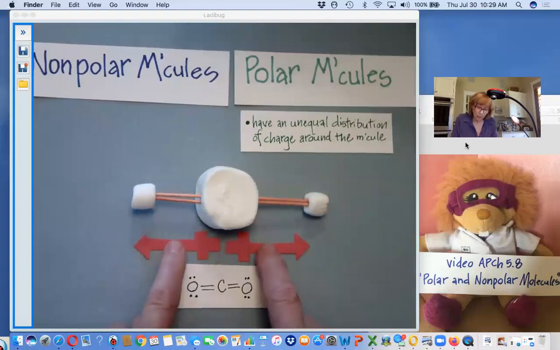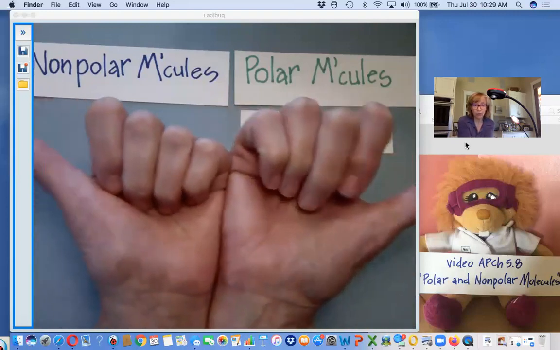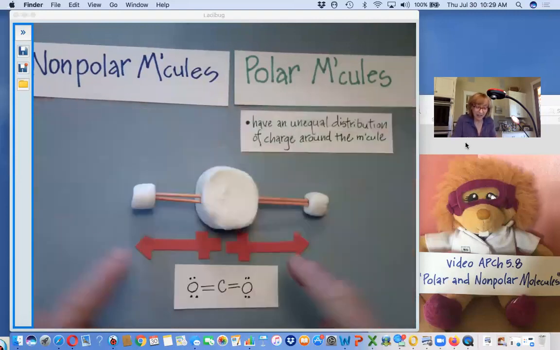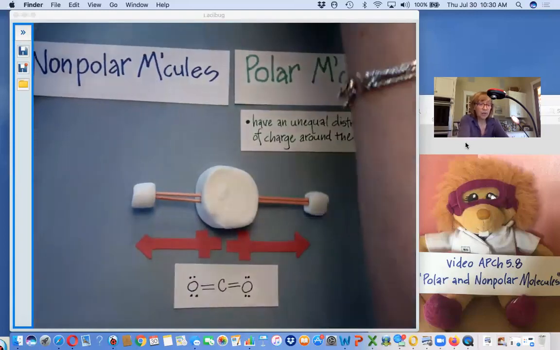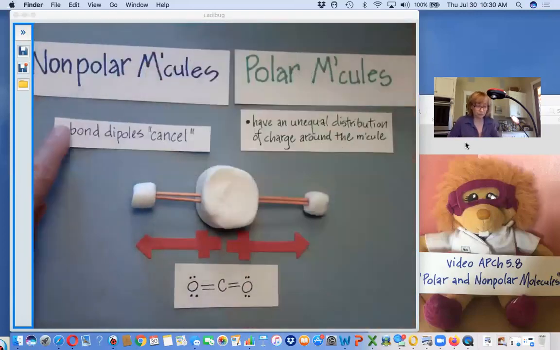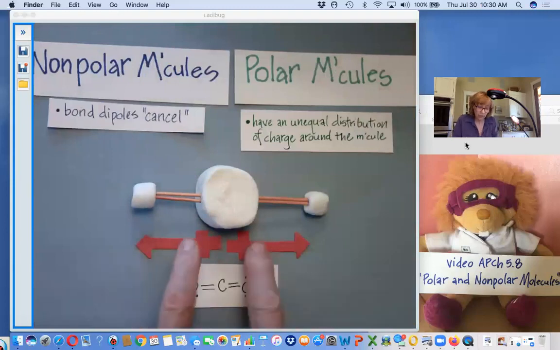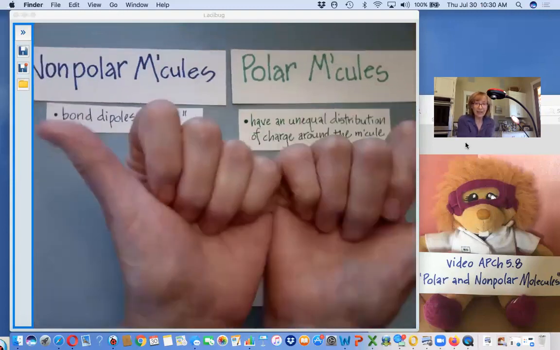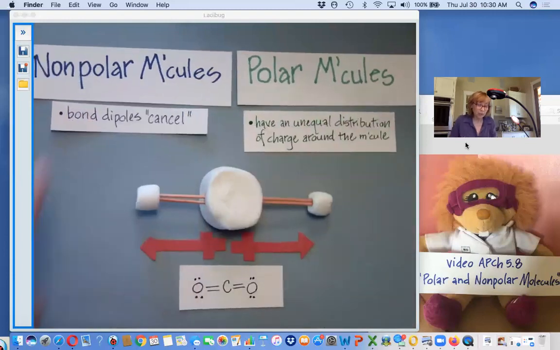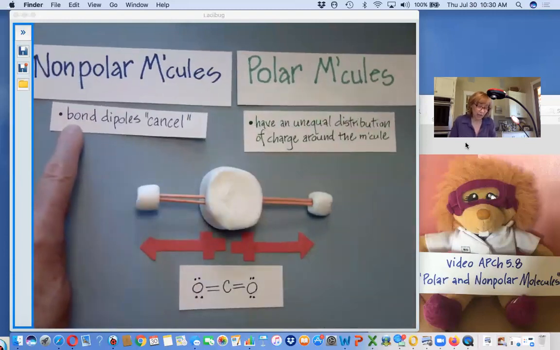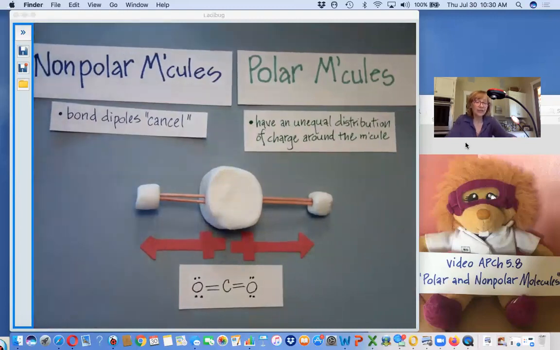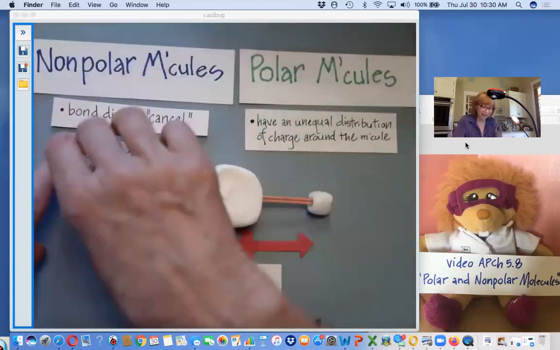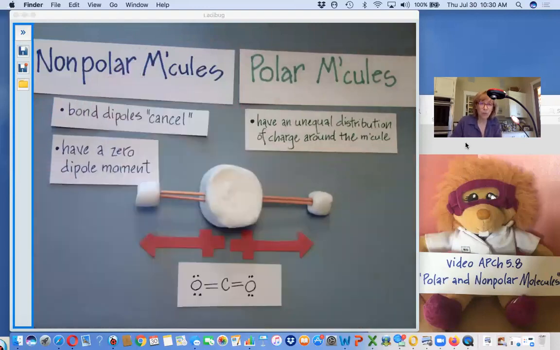These two bond dipoles have the same magnitude, but can you see that they are diametrically opposed? They are pointing in exactly the opposite direction from each other. When that happens, we say that the bond dipoles cancel. So these both have some magnitude, but they're pointing in exactly opposite directions. And when bond dipoles cancel out, then we say that the molecule has zero dipole moment.